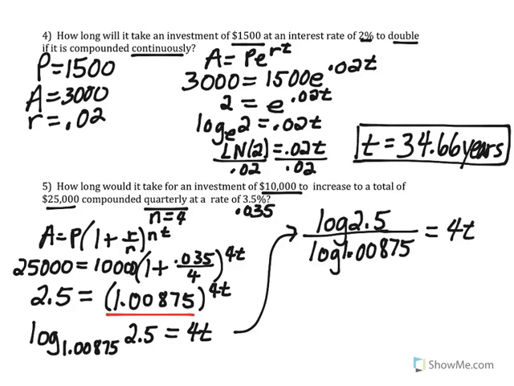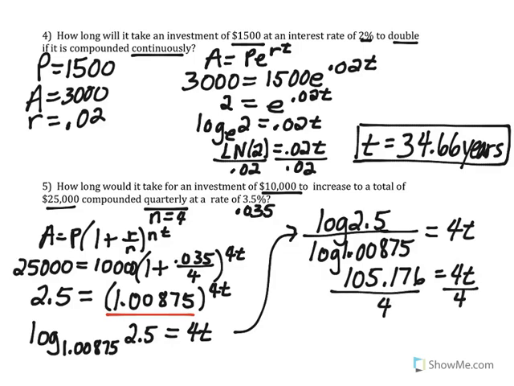Since we're going to be coming up with an approximate answer for this anyway, you could go right in and calculate the log of 2.5 divided by log of 1.00875. You're going to get an answer of about 105.176 equals 4t. And then you can divide that by 4.